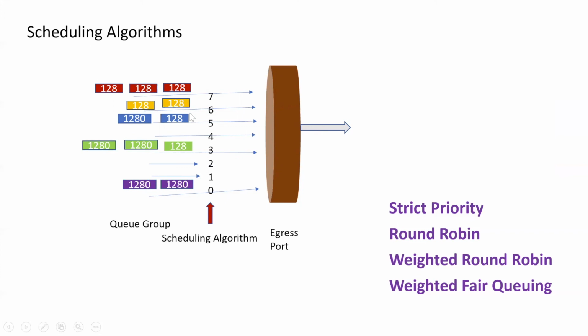The next time through, 1280, we can send this one, and he still has a deficit of 128 that he can use. And 640 and 640 is 1280, so we can send this packet. And then we just continue to go through.